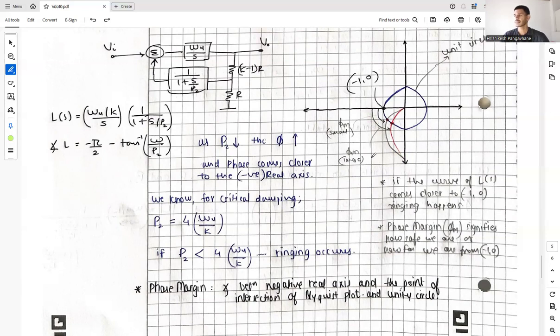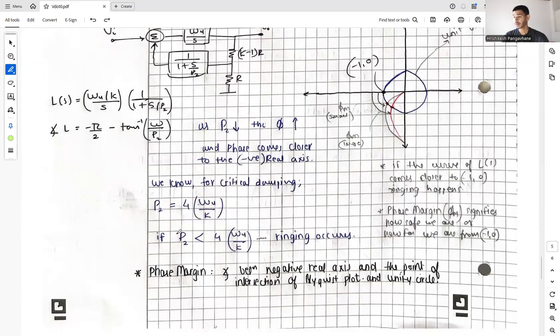So let's redefine the phase margin again. Phase margin is nothing but the angle between the negative real axis and the point of intersection of the Nyquist plot and the unity circle. So we know for critical damping, P is equal to 4ω_u/K, and if P becomes lesser than 4ω_u/K, then ringing occurs.